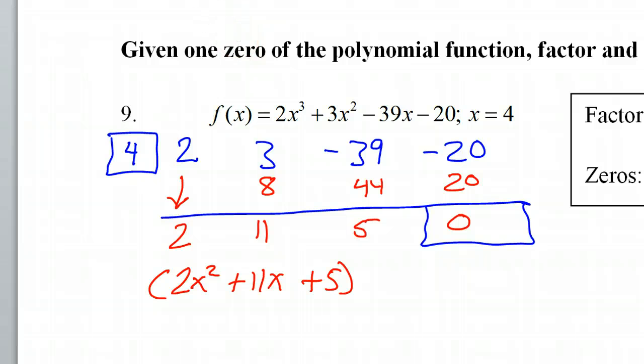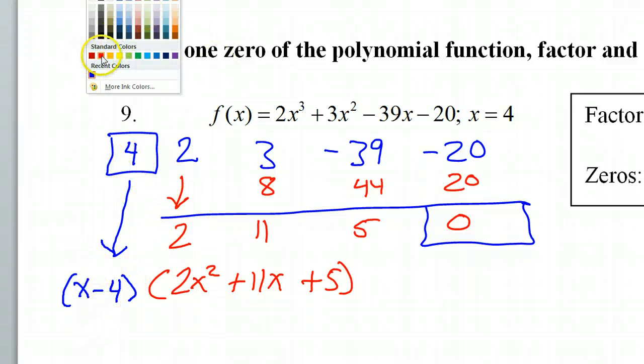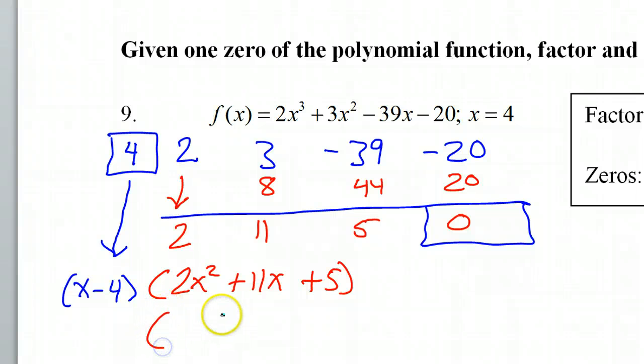At this point, I should bring down my factor from the 4, which was actually the x minus 4. Oh, I forgot, this time they didn't give us a factor. So from this 0, we get a factor of x minus 4. But then we keep going. So let's see, 2x squared will factor as 2x and x.